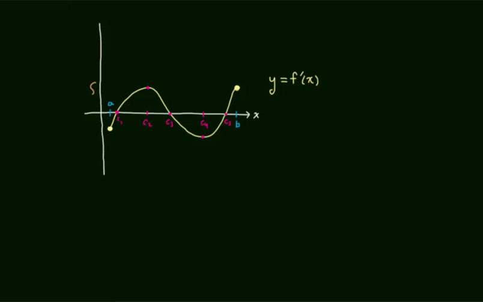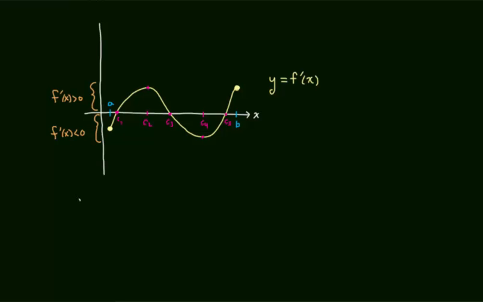Now the derivative is positive. This is a derivative graph, and the derivative is positive when it is above the x-axis, and the derivative is negative when it is below the x-axis, because this is the derivative graph.